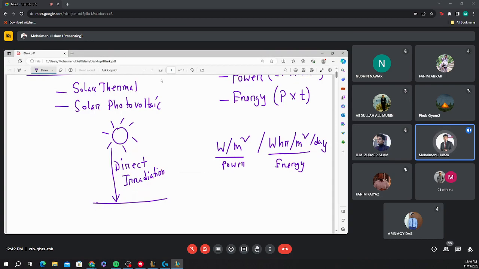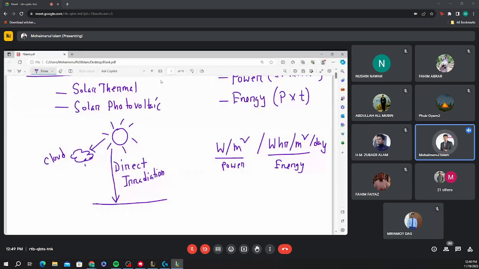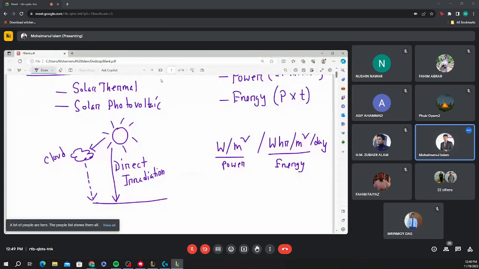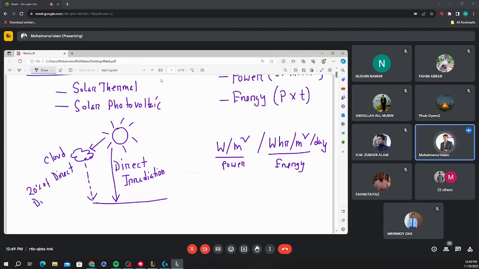Suppose in some portion there are some cloud here, so some sunlight can be scattered before coming to the earth's surface, right? That scattering can provide you some sunlight also. That sunlight may be 10 to 20% of direct irradiation. So that is called diffusion or diffused irradiation.